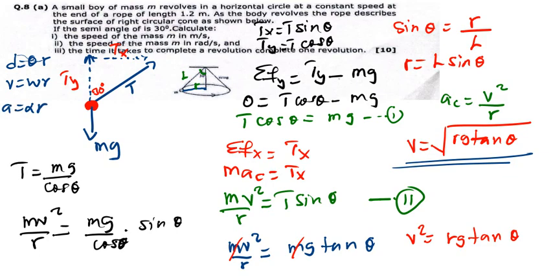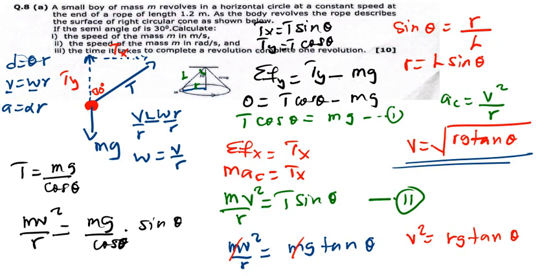So now if I have v, I can find w. I have v being equal to w r, divide both sides by r, then w will be given by v over r.